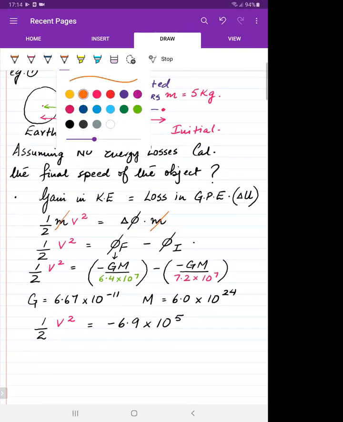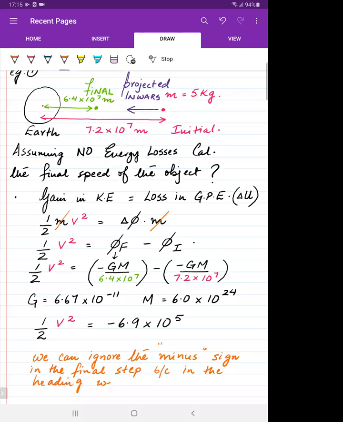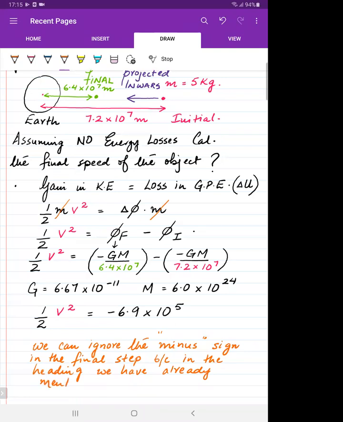अब let's proceed on to calculate the speed. So before I move on to the speed, एक statement पहले follow कर लेना. We can ignore the minus sign in the final step, because in the heading we have already mentioned the term, okay, let me just double underline that term as well.